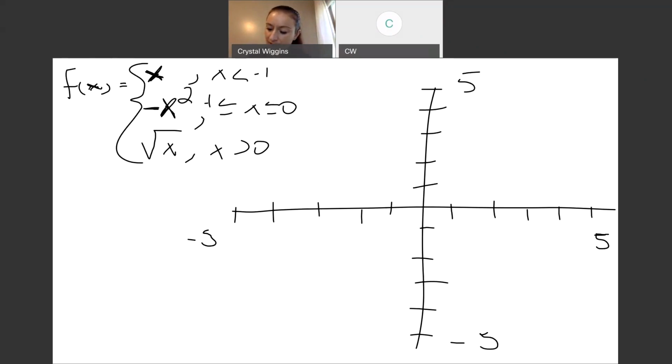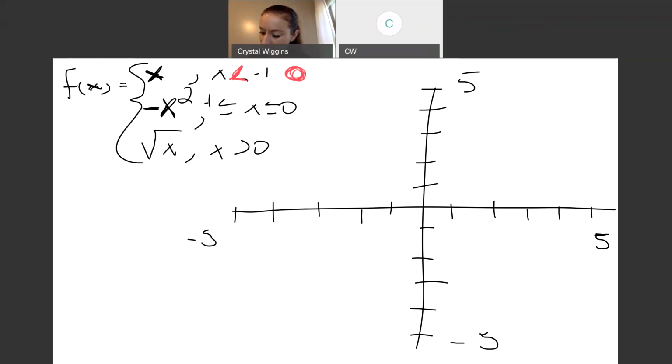And because this is strictly less than here, that means that it's going to be an open circle. And I'm going to put an open circle on the point that crosses the line y equals x at -1. So if I put -1 in for x, the output is also -1.